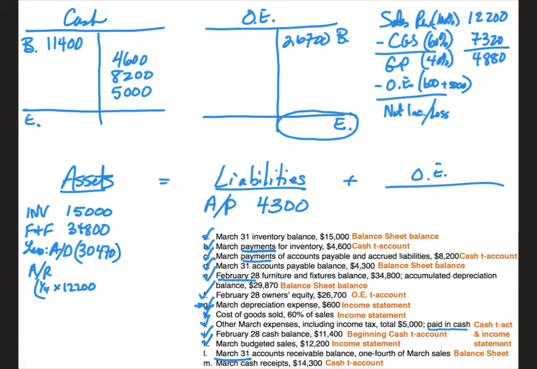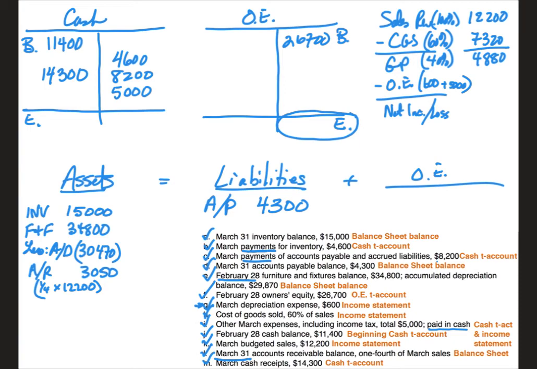March sales 12,200, and so that will give us a number 3,050. Okay, so L, we're good. And the last one, March cash receipts were 14,300. That's going to make my cash increase.